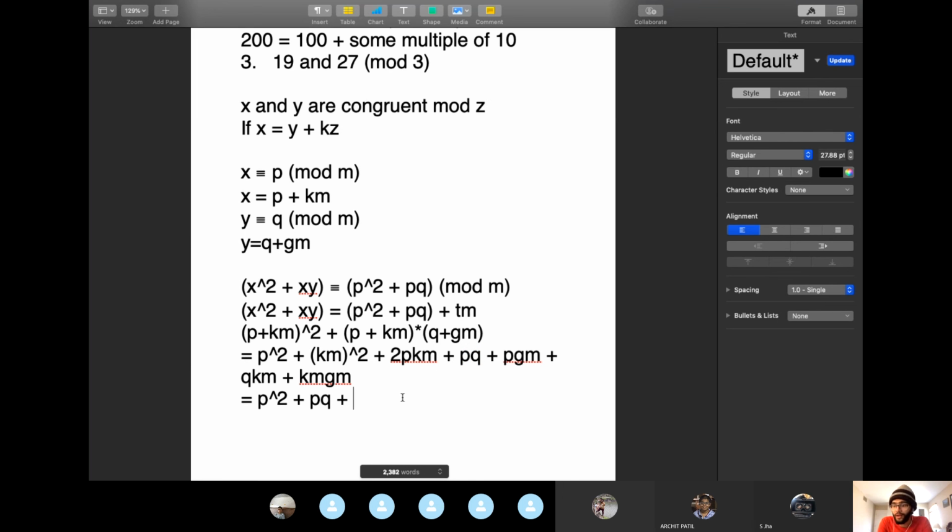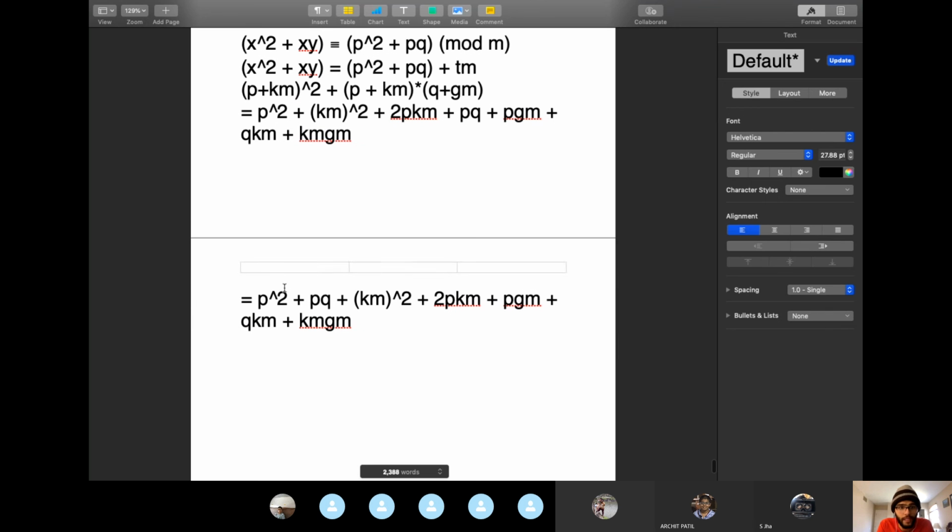And now I will write all these terms that have m in them, plus this guy, and this guy. All three of them have m in them.